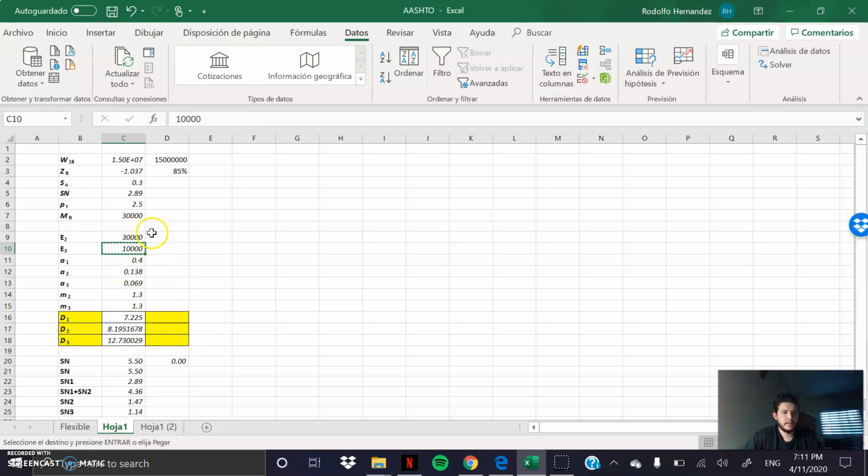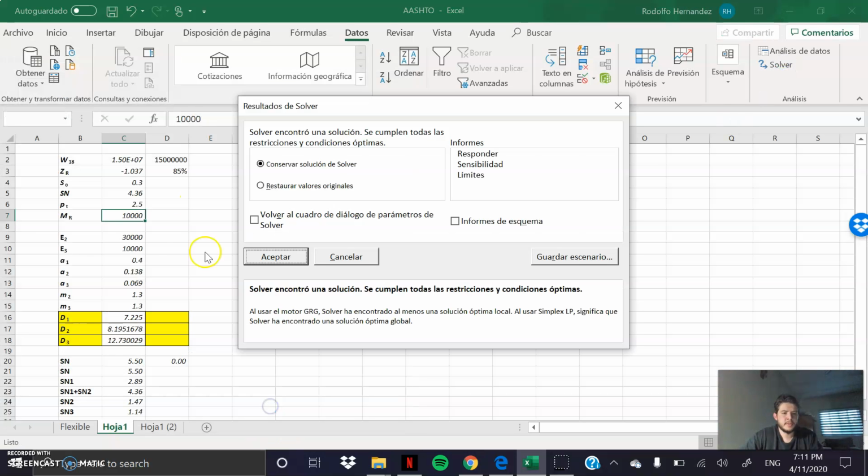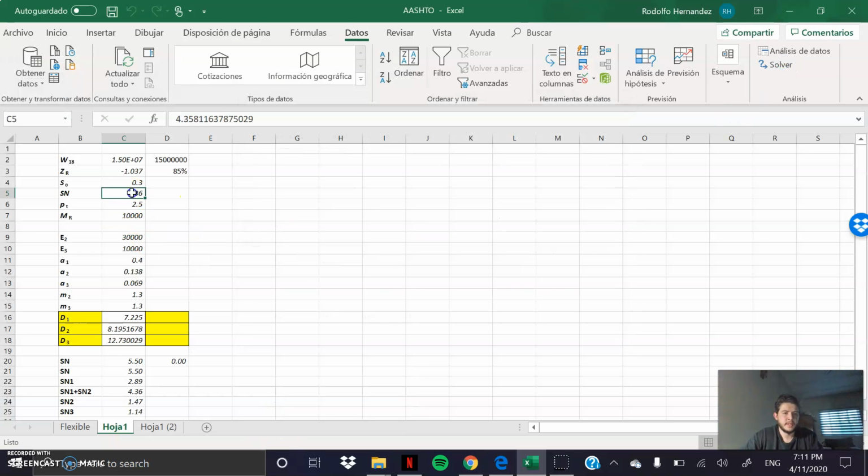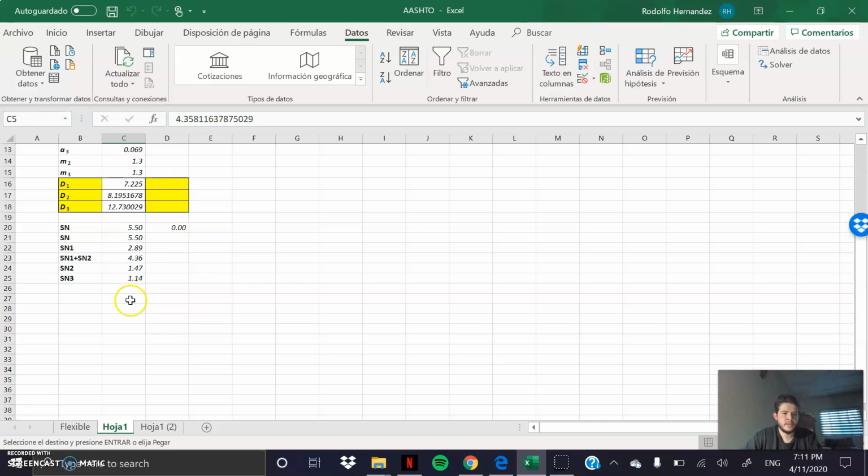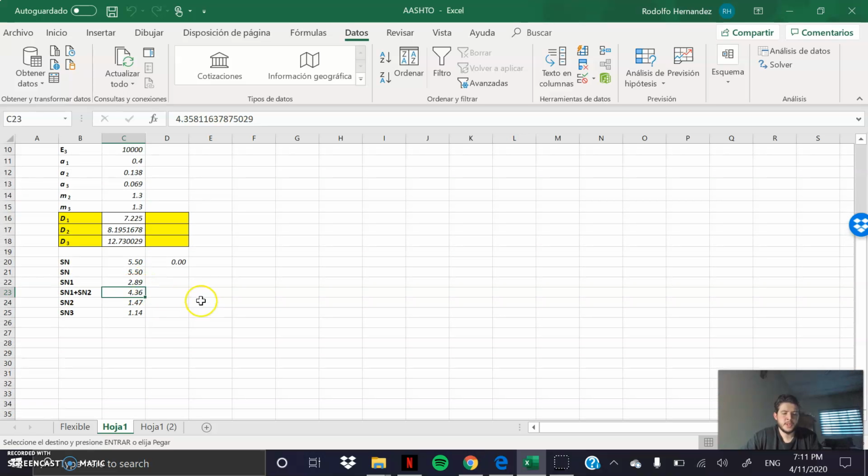Next, copy the modulus for the subgrade, paste it here, go to Solver, solve, and that's the structural number for SN1 plus SN2. Paste it here and round it up.